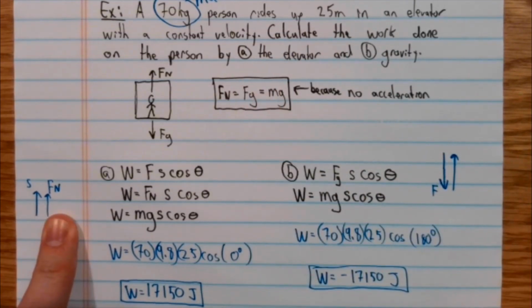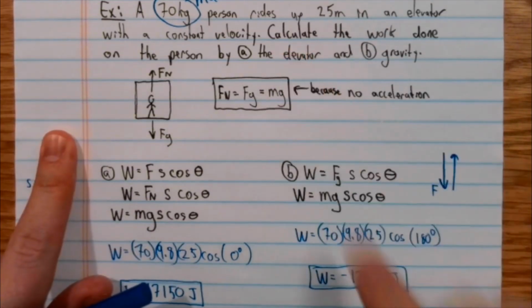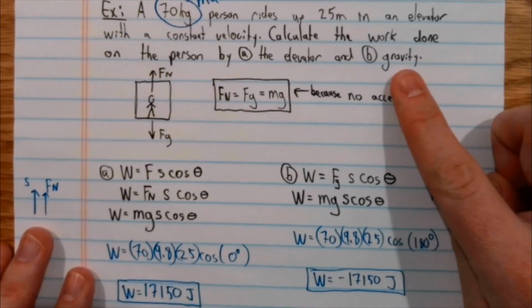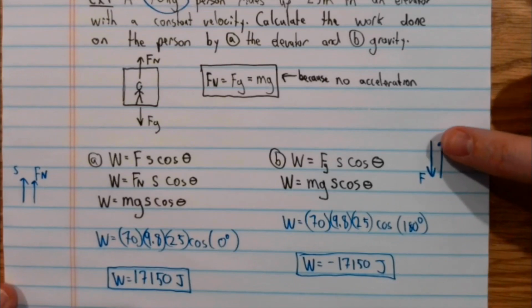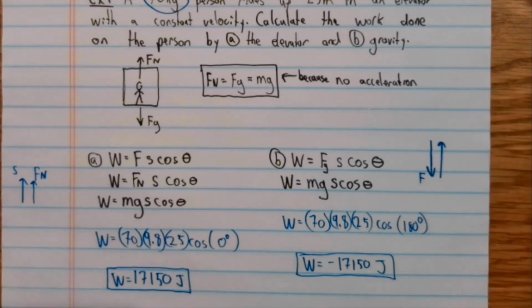Here, on part A, the elevator pushes up, there's a force up by the elevator, and the person moves up. In part B, gravity pulls down, but the person moves up. I'm going to put an S there.